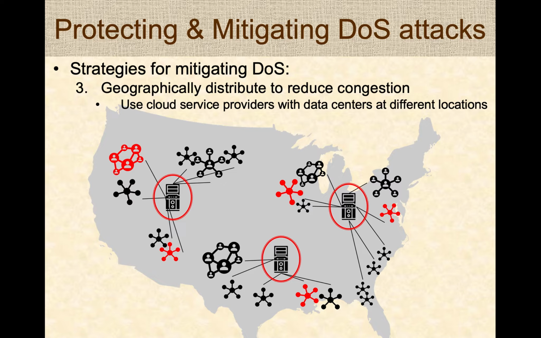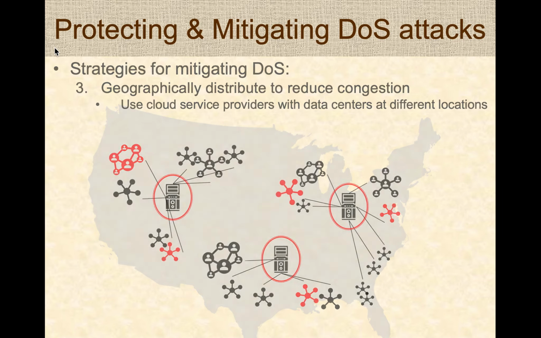So these servers are interconnected with the CDN, and then they manage the traffic in their local geographic areas. So attacks in one area will not completely subvert or overwhelm servers in other geographic areas.